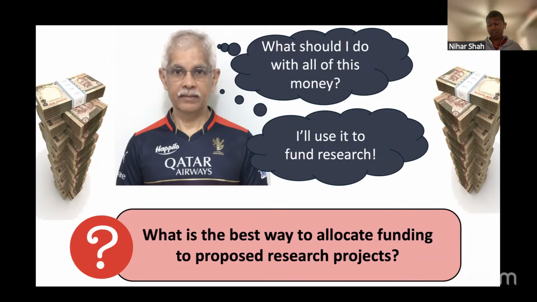The key question he had is, what's the best way for him to allocate funding to proposed research projects? In our lab, we've been working with a few grant proposal agencies on their funding allocations. So we started talking, and I'll describe what we came up with.